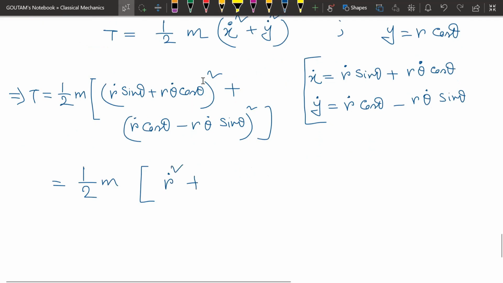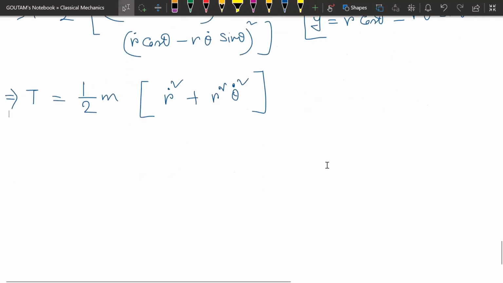Squaring the next terms gives r square theta dot square cos square theta and r square theta dot square sine square theta, which add up to r square theta dot square. The cross term from the first square is 2 r dot r theta dot sine theta cos theta with a plus sign, and from the second square it is 2 r dot r theta dot cos theta sine theta with a minus sign. So those two terms cancel each other. This is the expression of kinetic energy.